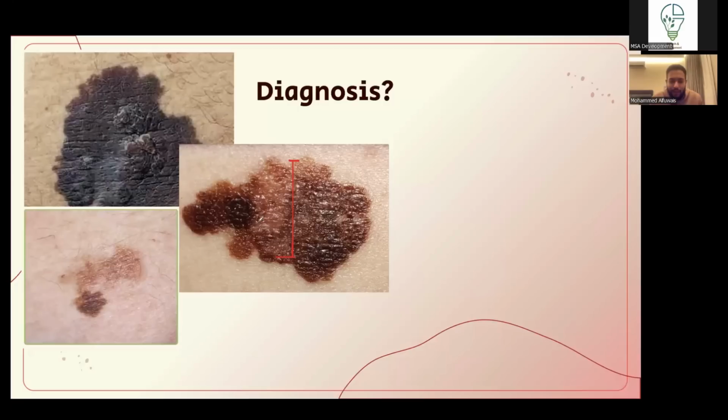Color. The lesion itself will have multiple parts that are different color. This is very dark brown, this is light. Okay? Multiple different colors. Some will also show as red. What is D? Diameter more than 6 millimeters. Excellent. If it's more than 6 millimeters, this is bad. This is a sign of melanoma.